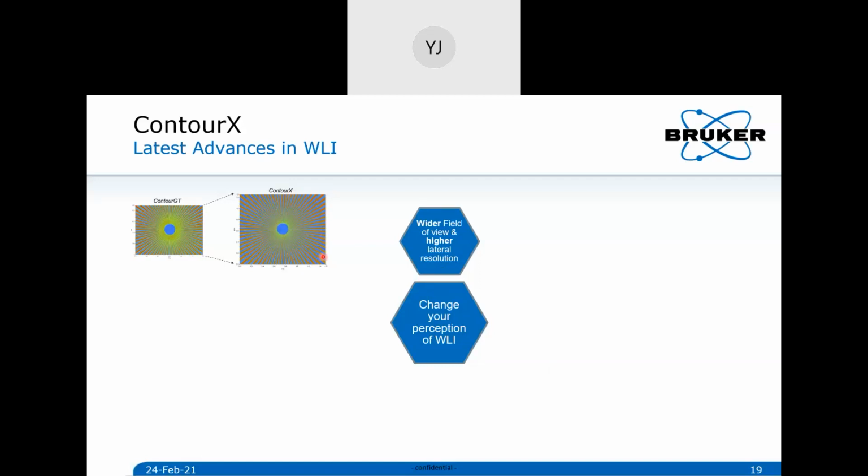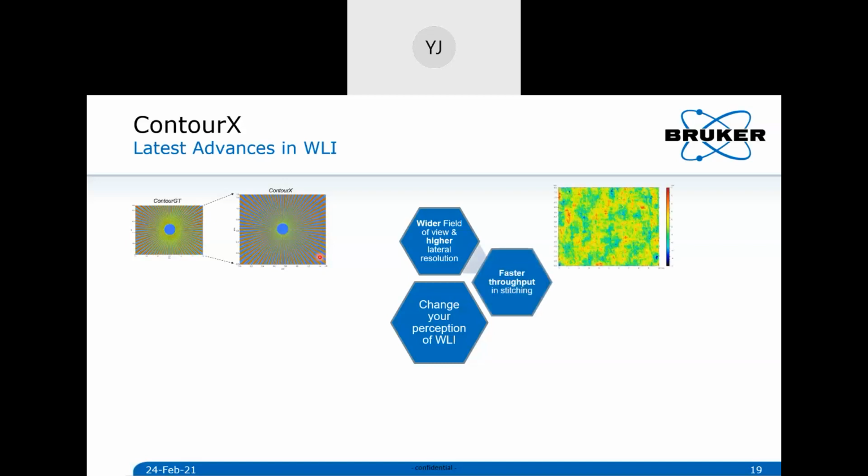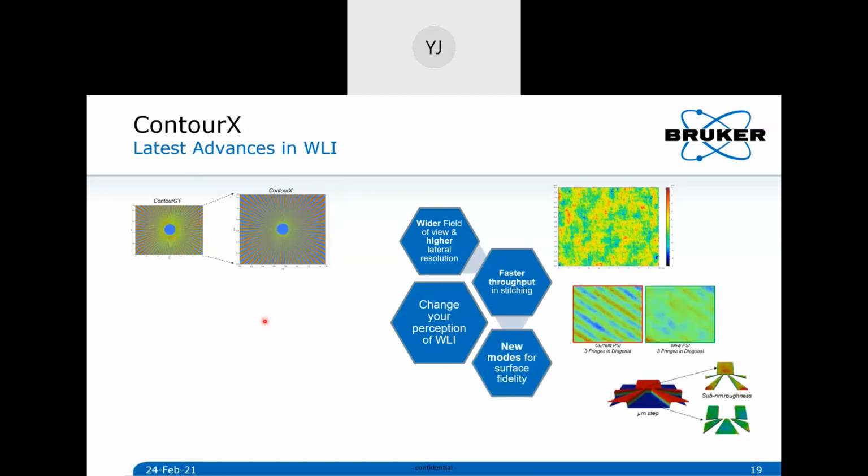So you see more things with higher lateral resolution, right? And this also directly translates to faster stitching, right? So if you want to stitch a larger area than what you can capture in one single frame, then you can stitch multiple frames, and you can do it faster because you're capturing a larger area every single time, right? We also have improved algorithms from our PSI.